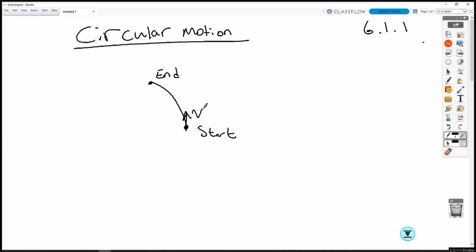And because it's moving in a circle, there must be a radius. So that's r, the radius. And as it moves in a circle, it moves by some angle, theta.